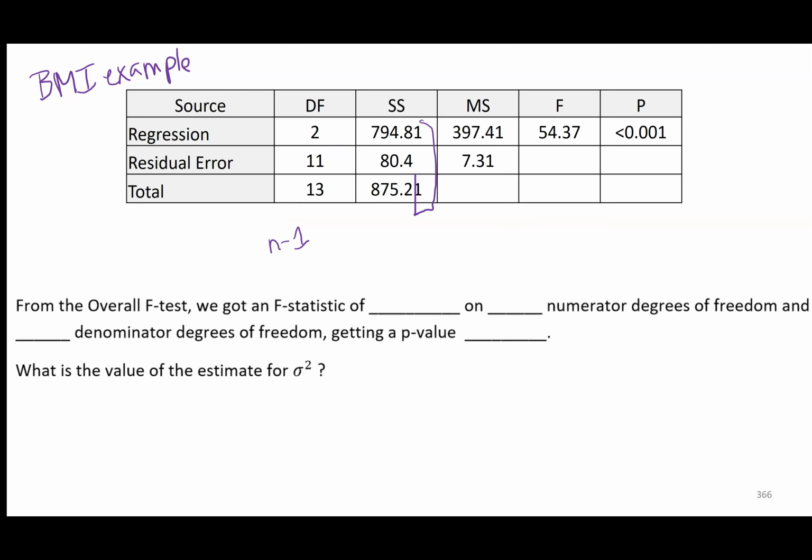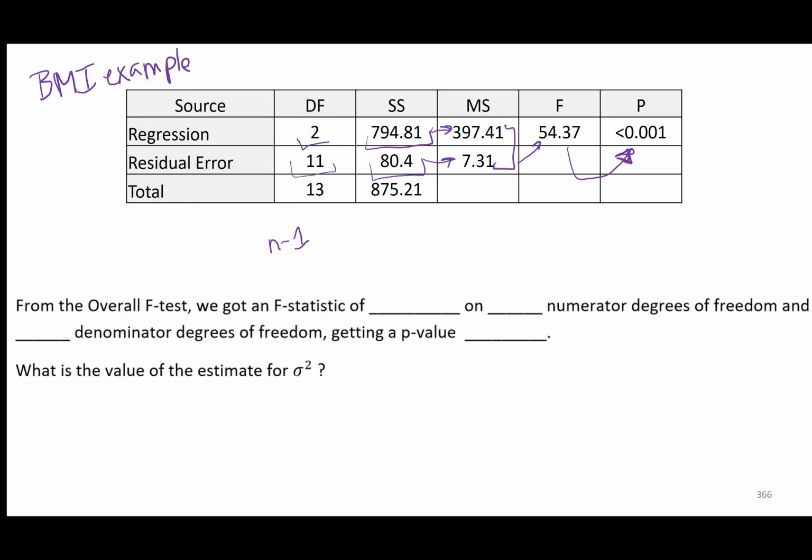We do not expect you to calculate this row right here, in general. That would be complicated. But you're just going to take that 794.81 divided by 2. That gives you your MSM. 80.4 divided by 11 will give you your MSE. Take the ratio of these two. That'll get your F statistic. Use an F table. We're not expecting you to, but that's where this p-value comes from.